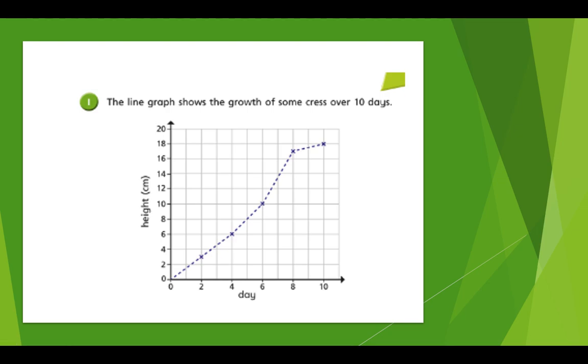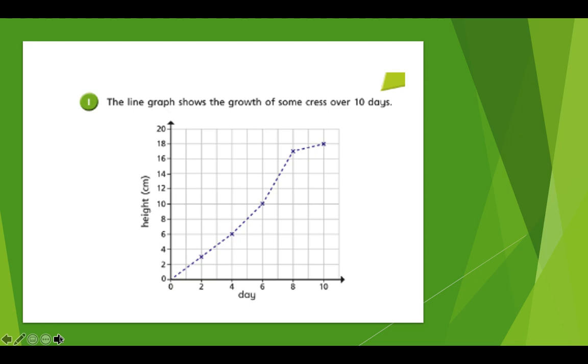Can you tell me how tall was the cress on day 6? You need to go along the bottom and find day 6, then follow up the grid lines on the graph. I've hit the line on day 6, and if I follow it over to the side, the height of the cress was 10 centimetres on day 6. And you can figure that out for day 4 and day 8 and day 10 if you wish. There are questions about this line graph in your work pack today.